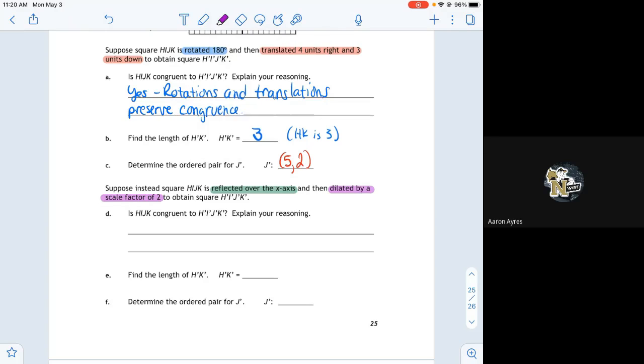Make sure you reflect over the correct axis, okay? Reflecting over the x-axis this time, not the y-axis. That's why you need to highlight your line of reflection, and make sure you reflect over the right one. Make sure you're reflecting over the x-axis, not the y-axis.